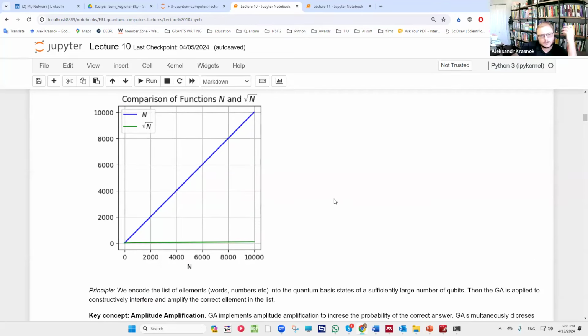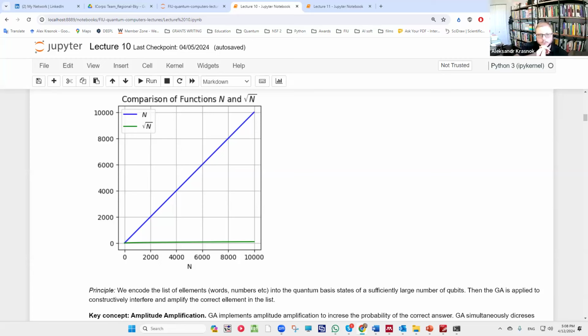How it works: we encode the information into the basis vectors of our quantum computer, with the number of basis vectors being 2 to the power of n, where n is the number of qubits.